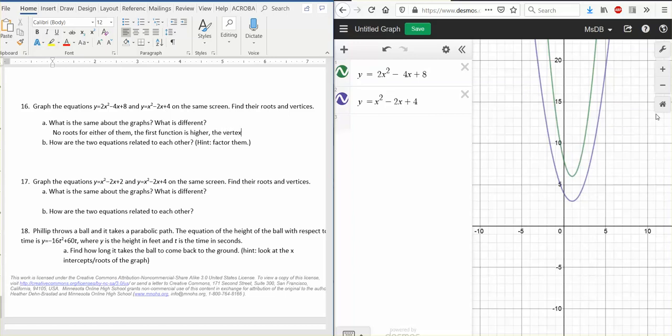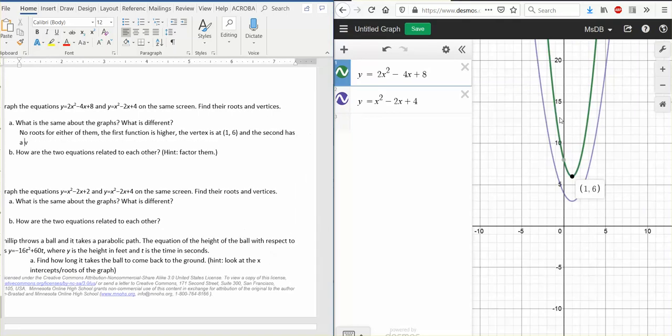The vertex is at, let's see, what was that, 1, 6? 1, 6. And the second has a vertex lower than that, and that one had a vertex at 1, 3.